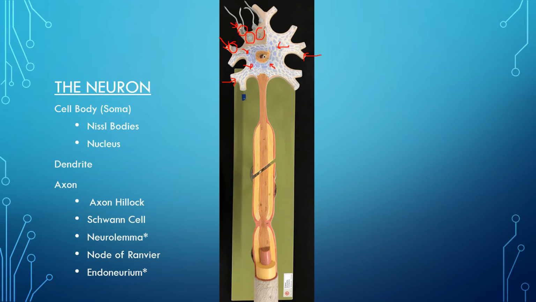Remember, graded potentials are a form of communication among neurons. So dendrites act like ears. They synapse with the axon termini from other axons and receive signals.